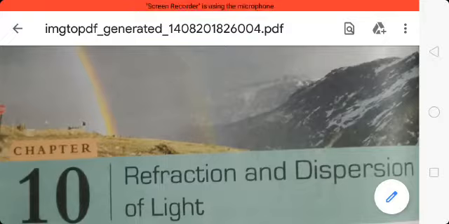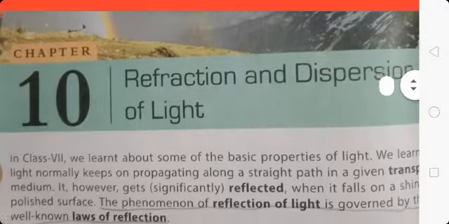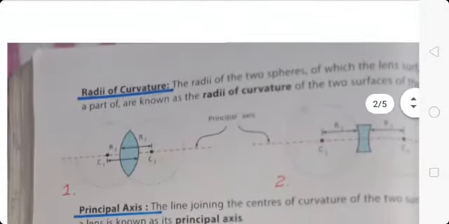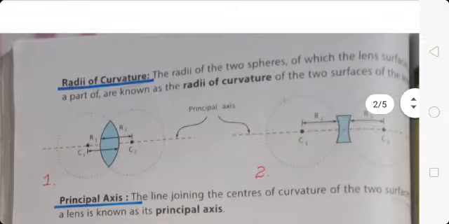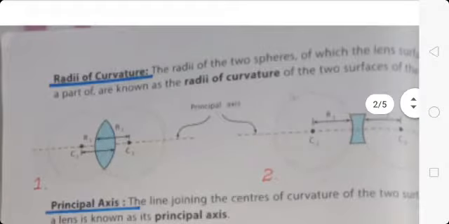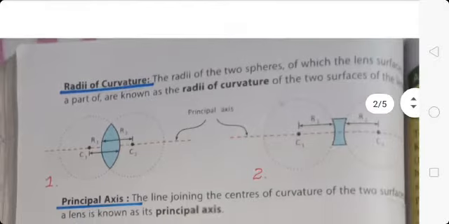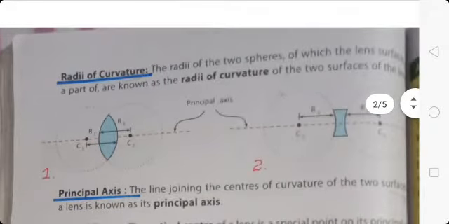Today, again, we are going to cover the topic that is refraction and dispersion of light. Today, the topic that I am going to take here is the radii of curvature and the other terms that are given here.